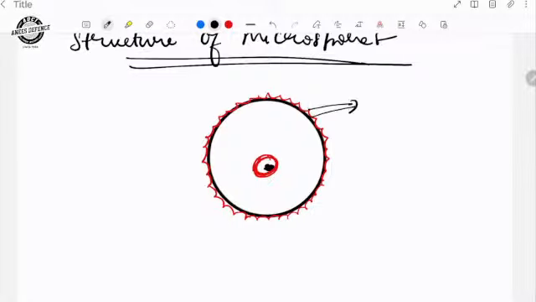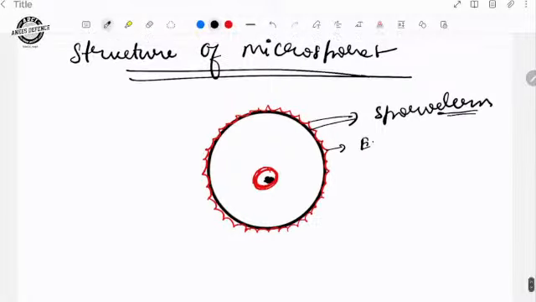Both these two layers are termed the sporoderm. The outer layer is considered the exine, and the inside layer is termed the intine.